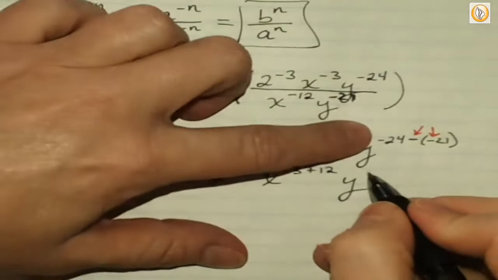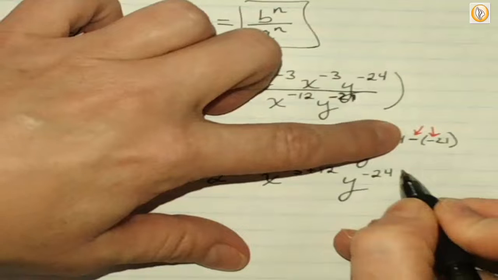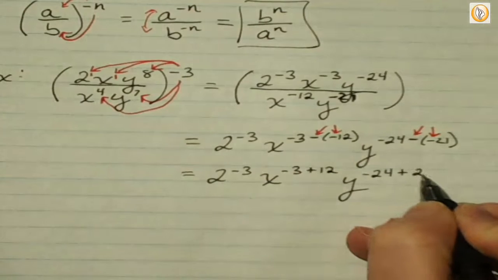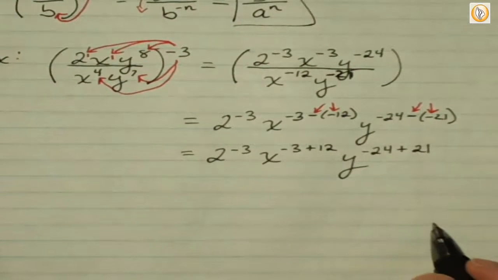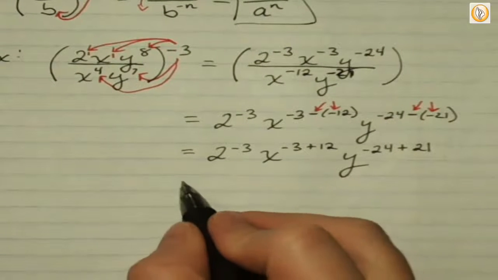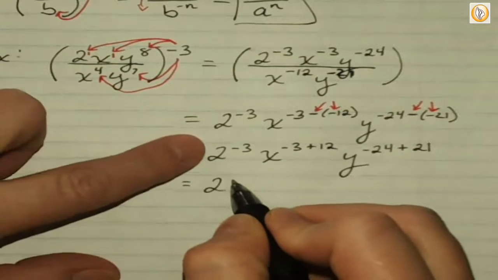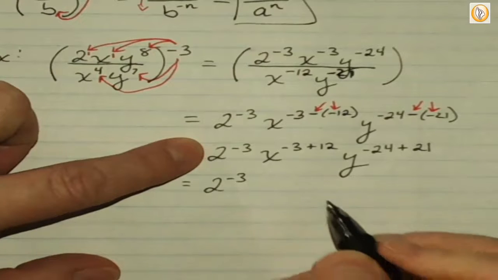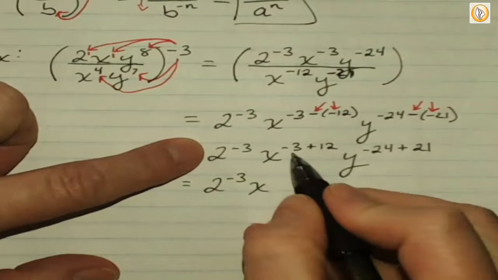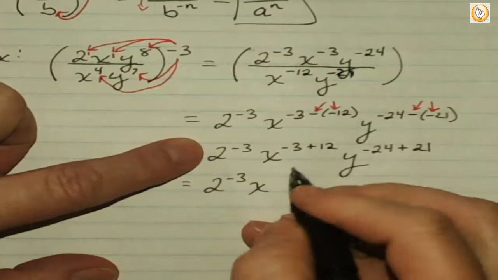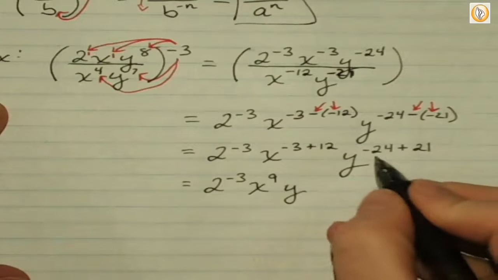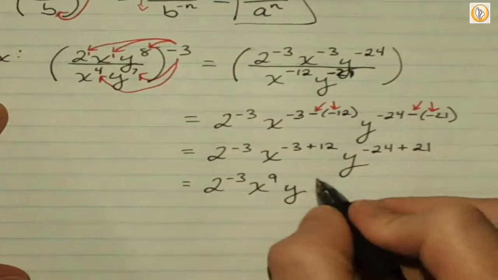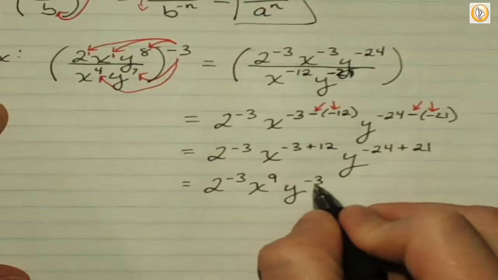So then I have negative 24 plus 21. Do y'all see where I'm getting all this? So then I still have 2 to the negative 3 because I'm not changing it yet. My x is 9. And my y, negative 24 and 21, is negative 3.